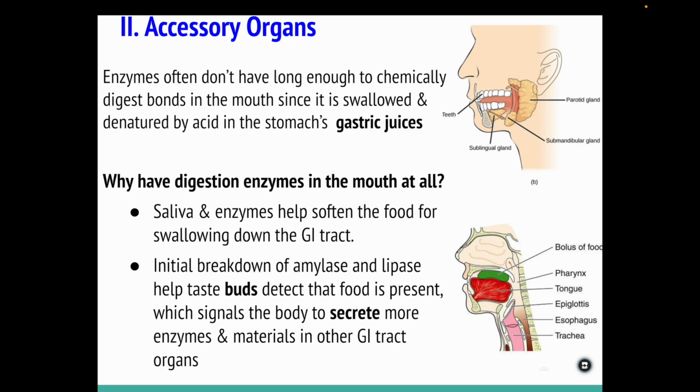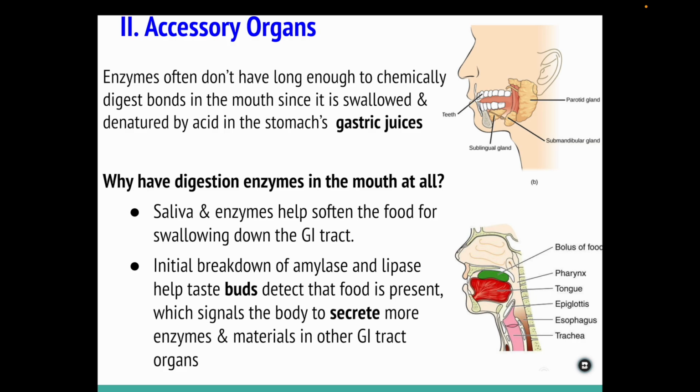In addition, those enzymes break down a tiny bit of starches into sugars and a tiny bit of lipids into fatty acids. That makes the sugars from the complex carbs and the fatty acids from the lipids reach your taste buds and activate them. Your taste buds in your mouth can really only detect small molecules.